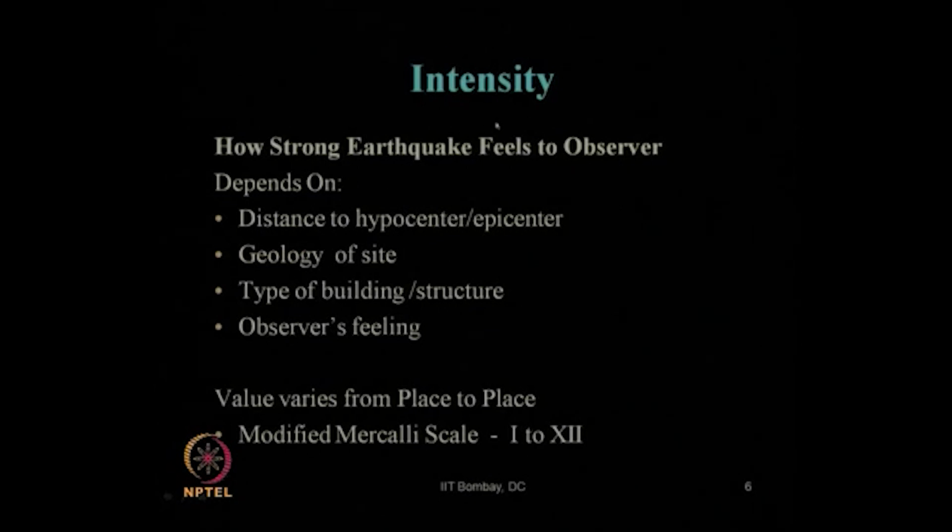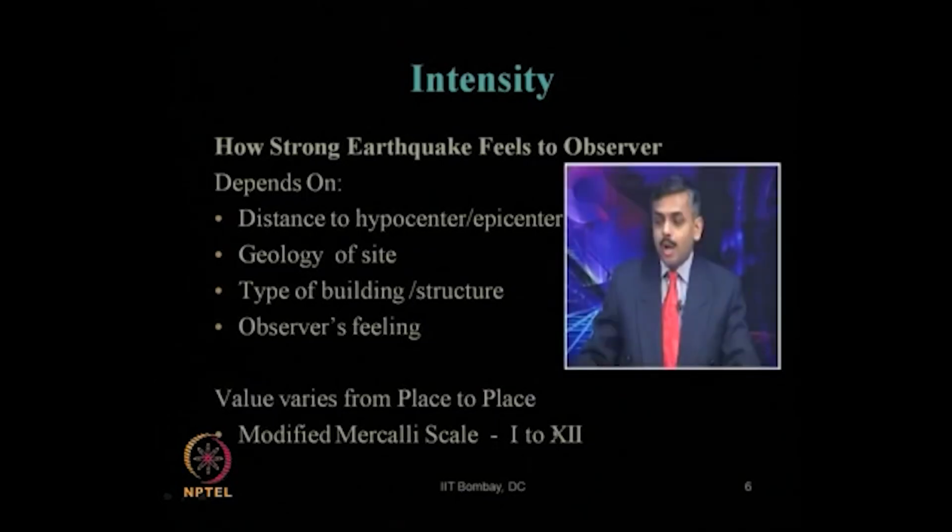As I already mentioned, the intensity of an earthquake depends on how the observer felt it, which is qualitative, the distance from the hypocenter to the point of observation, the geology of the site, the type of building, and the observer's personal criteria of feeling. That MMI scale varies from 1 to 12.